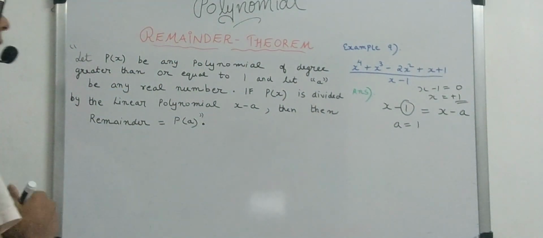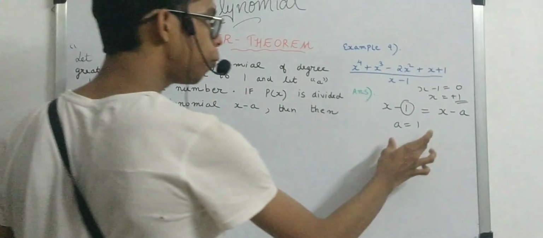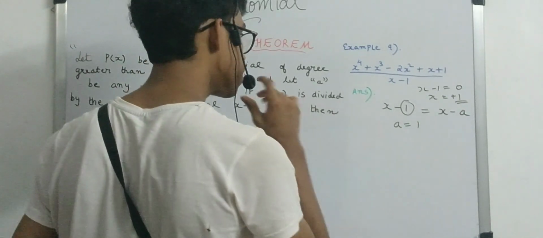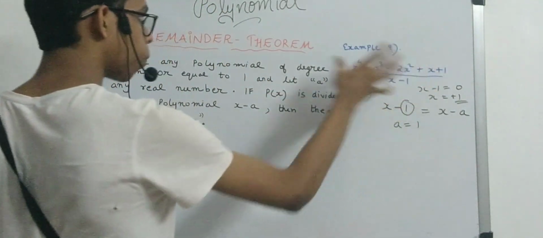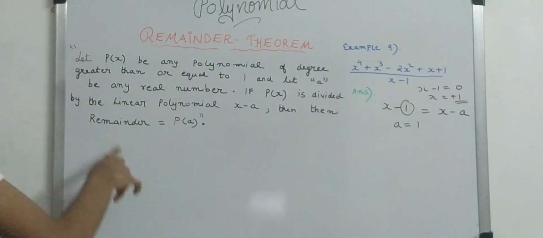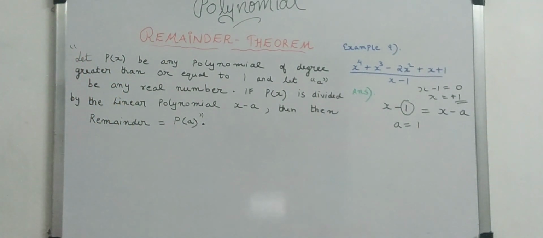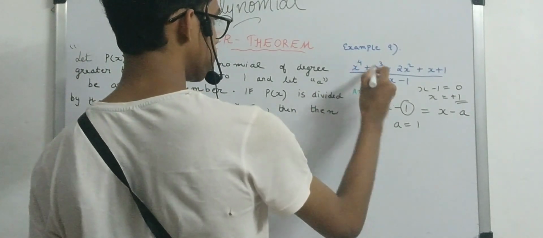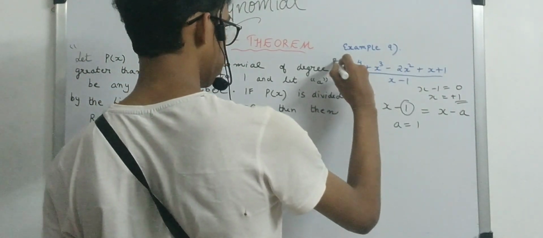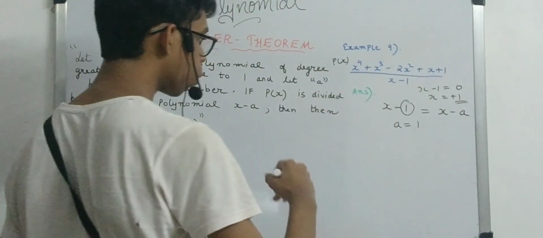Now they are telling that if we substitute this a is equal to 1 in the polynomial given to you, we will get the value of our remainder. So let's see. They are telling us to consider the dividend as p of x.